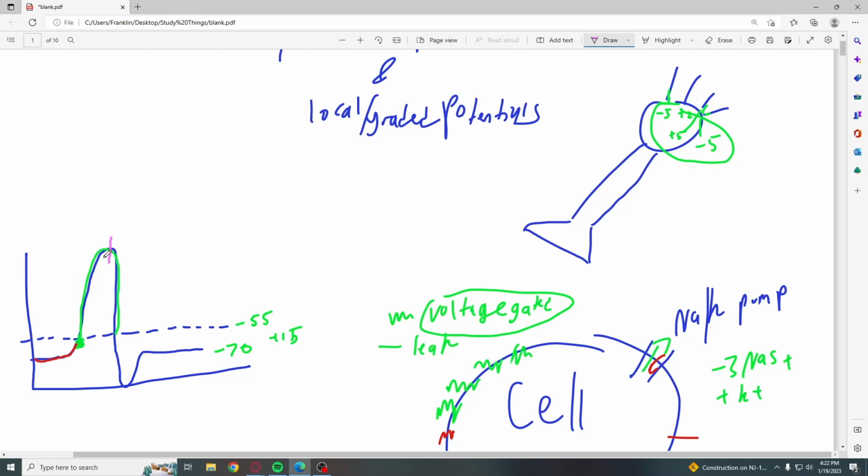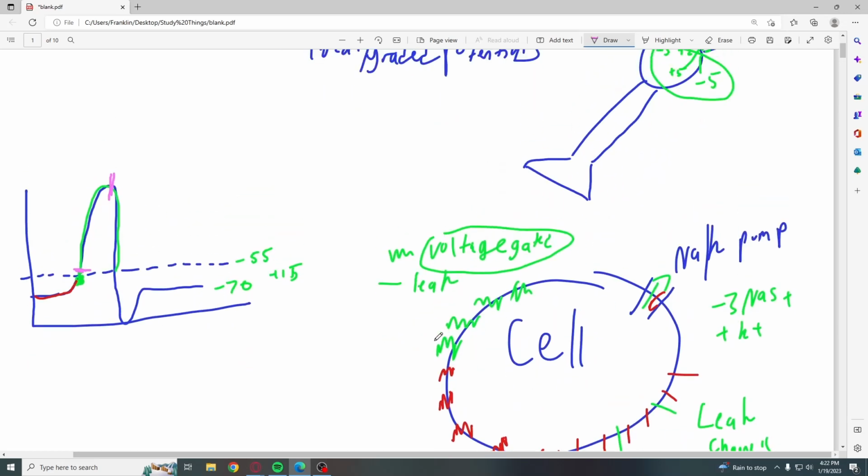So from here to here, the pink, the voltage gated Nas are now open because there's enough voltage to open the Nas. So right here, Na open.